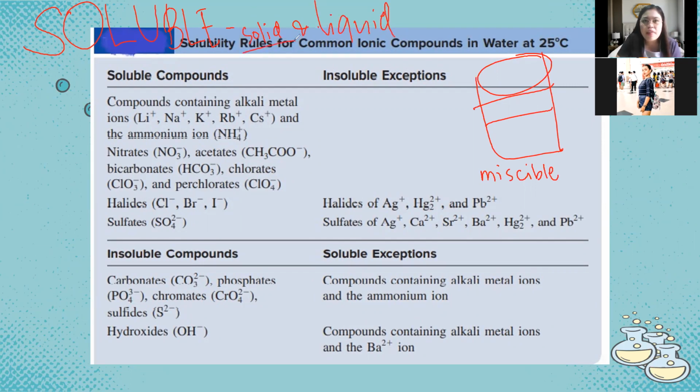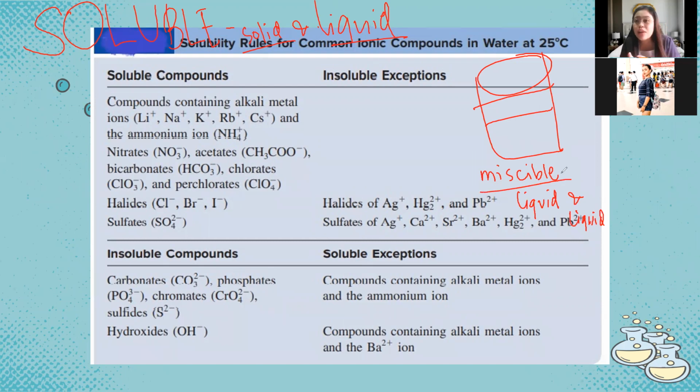Now, if the solid dissolves in the liquid, we call it soluble. Okay? Pero pag hindi siya na-dissolve, syempre, we call it insoluble. Now, pag liquid to liquid ang pinaghahalo natin, ang tamang term na gagamitin is miscible. Okay?